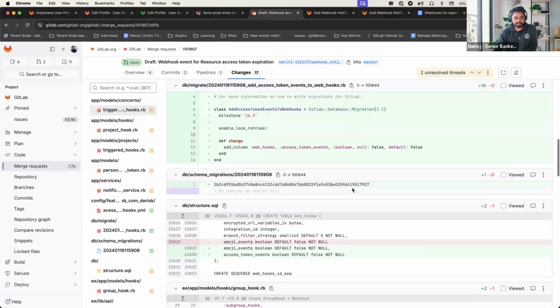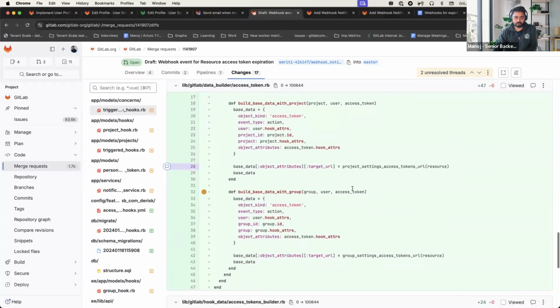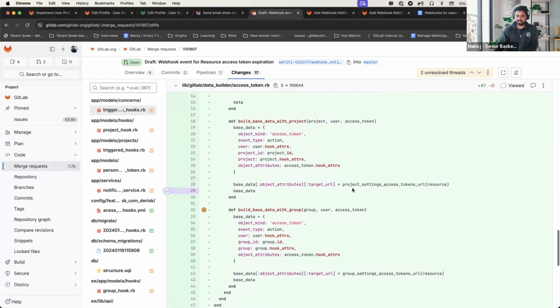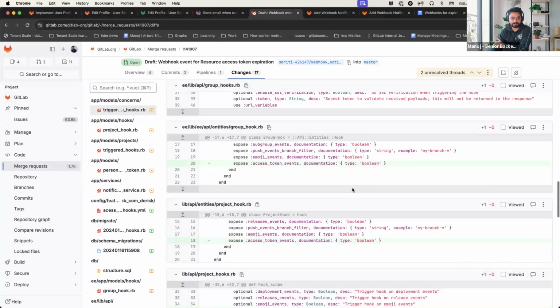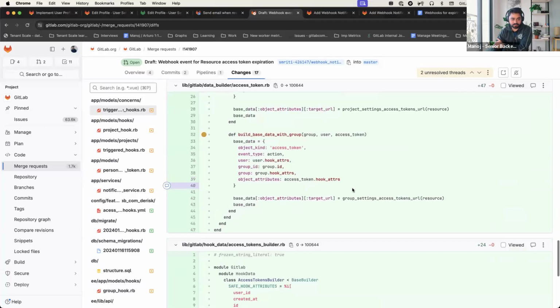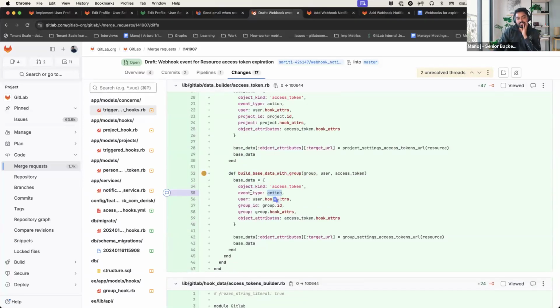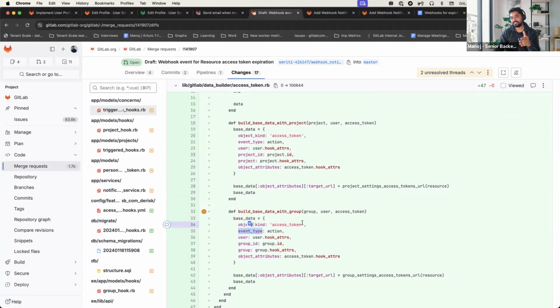One point I had to address after looking at the code: I think this is the first webhook around access tokens altogether, right? So in that case, the event type should differ, because right now we are doing expiring resource access tokens, but tomorrow we might have a webhook for creation of access tokens, and the builder would be the same.